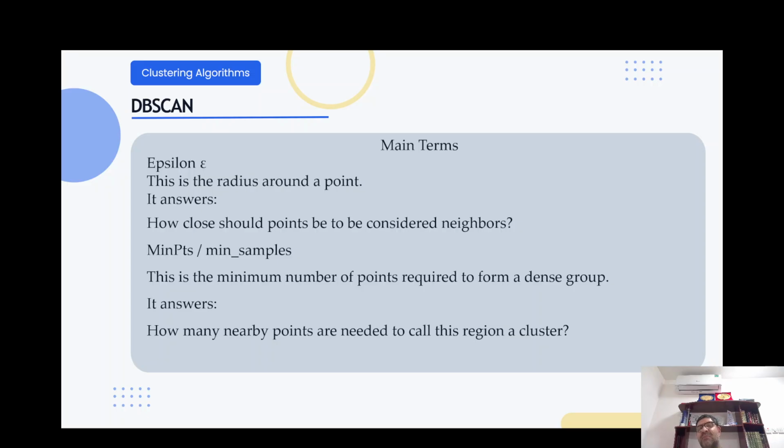So how many points minimum should be there so that we can call it a cluster. So these are very important terms: epsilon, min points, min samples, and what they are actually for. What is the reason for them?